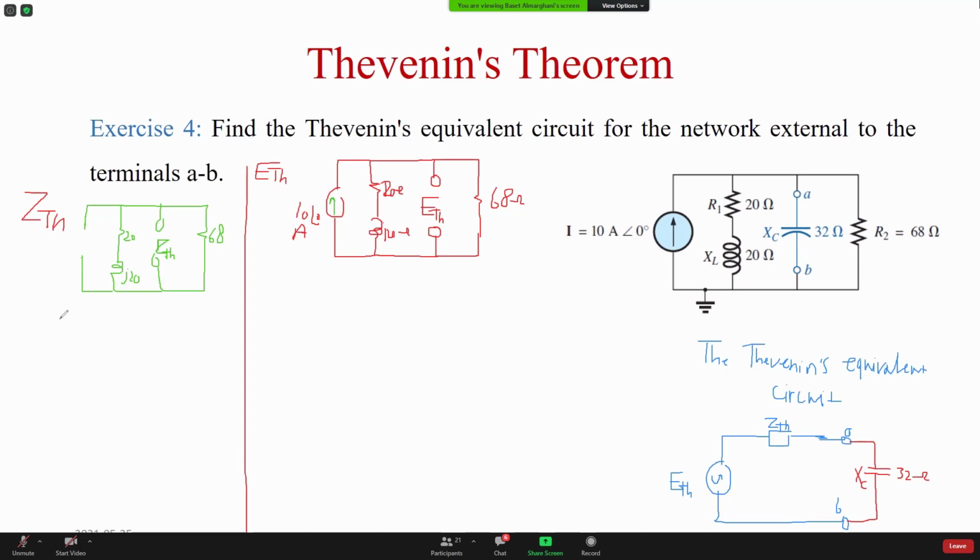So I can make this circuit look nicer. The 20, the J20 ohm, the 20 ohm. See, this point is the same as this point, is the same as this point. So I'm just going to put the resistance here like this, and those are the two points A and B. Between them is the impedance.